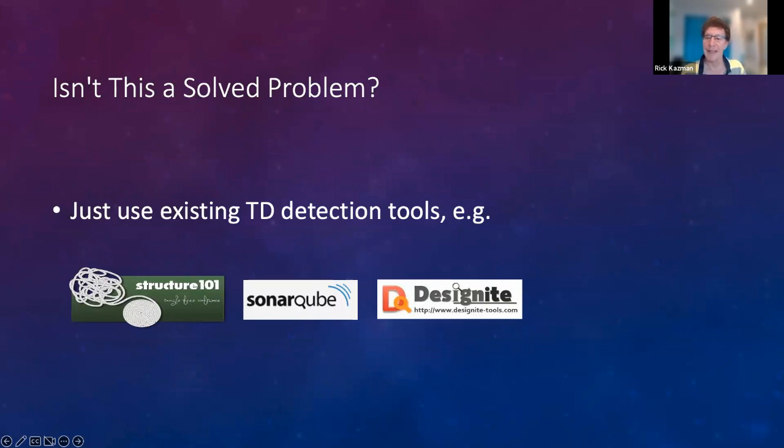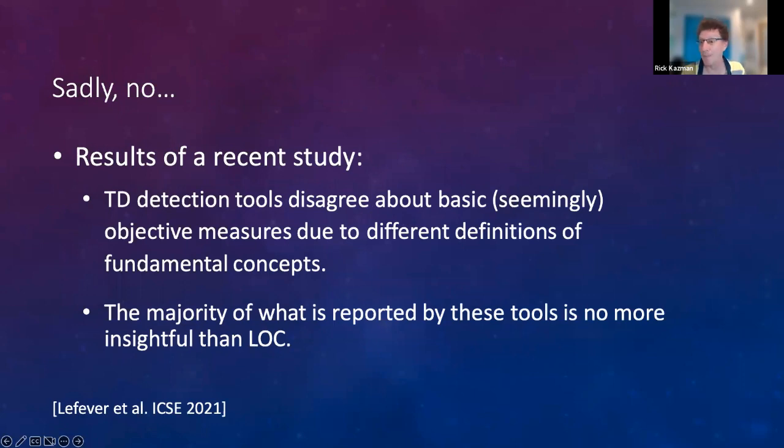There are technical debt detection tools like SonarQube and Designite out there already, Structure 101 and others. Sadly, no. We did a study which we published last year in the International Conference on Software Engineering, where we pointed a set of technical debt detection tools at the same set of projects and compared what it was they reported about those projects.